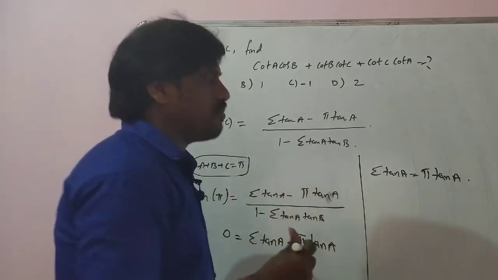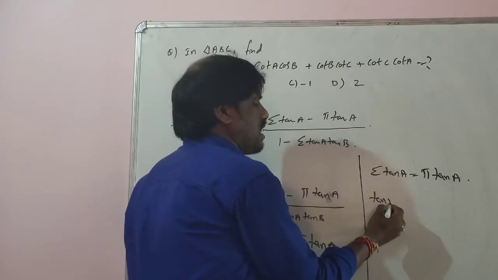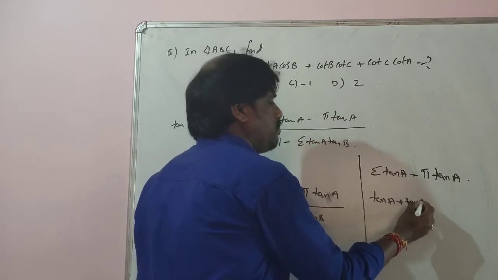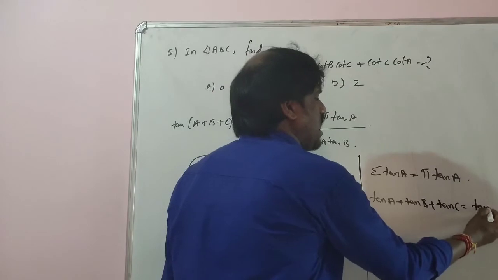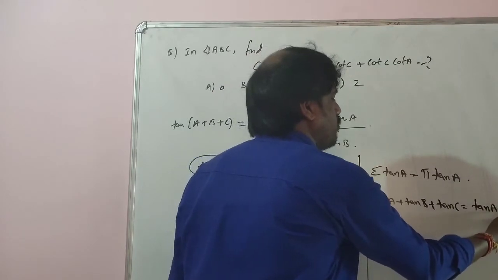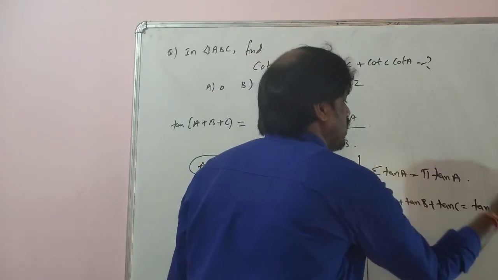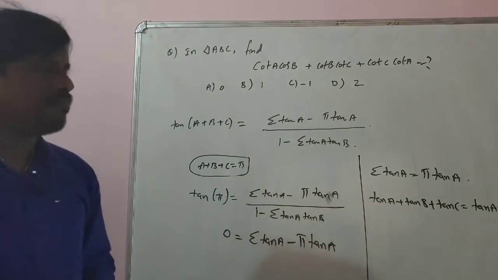Sigma tan A formula is tan A plus tan B plus tan C, that is equal to pi tan A, meaning tan A into tan B into tan C. This is the formula, right? The meaning of that is that.